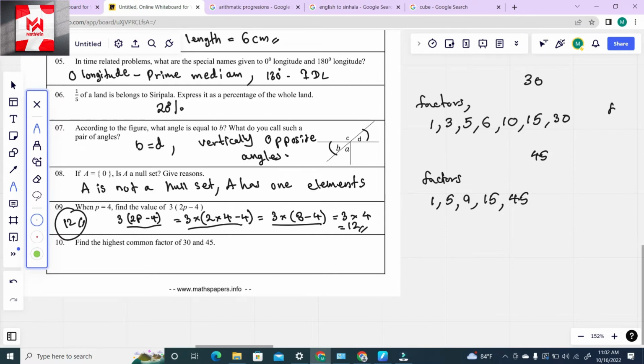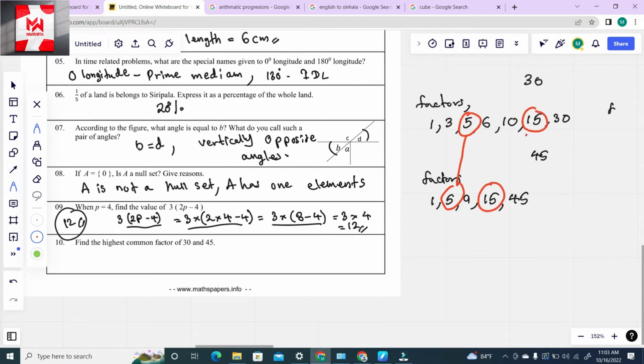So they are asking the highest common factor. Now 5 is a common factor for 30 and 45, and 15 is also a common factor.